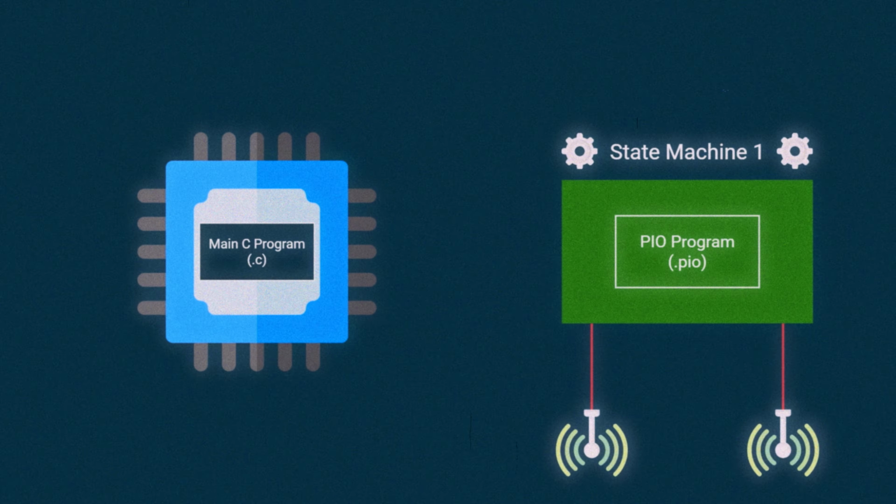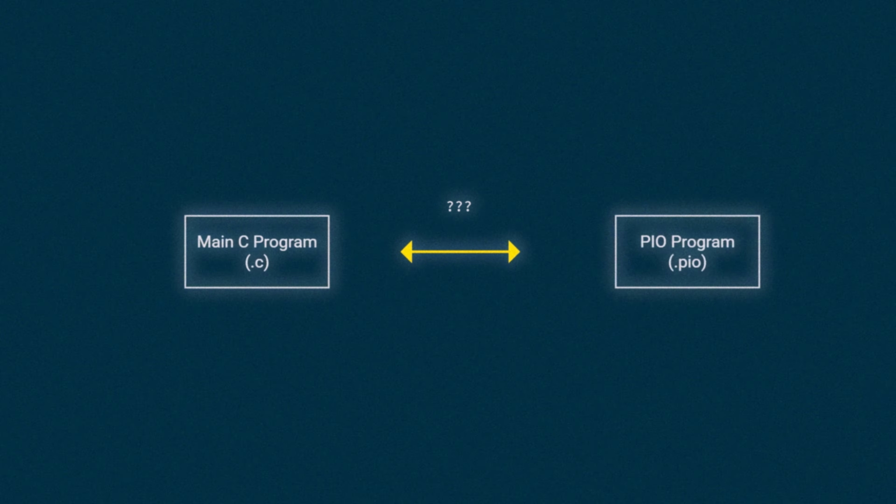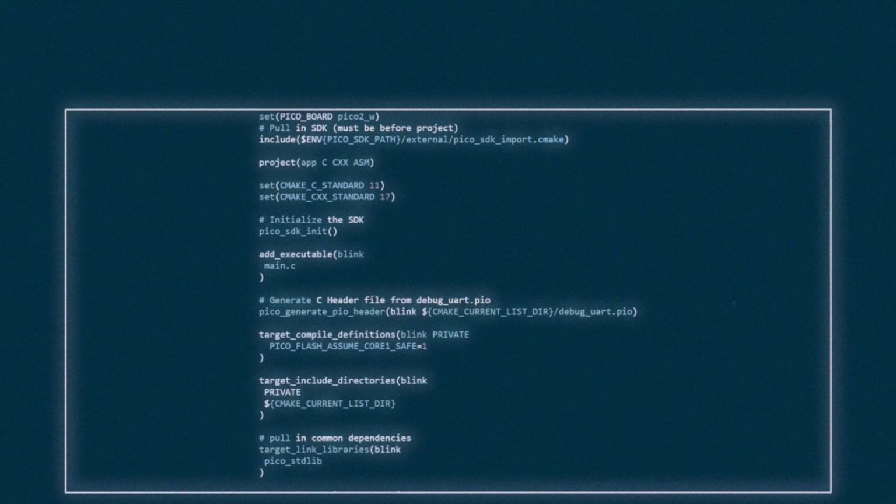So how can the main C program load the PIO program onto the PIO core? The Pico SDK provides a library of functions that allow a C program to communicate with the PIO core, but how can the C program read the PIO program? After all, they're written in different languages. Well, that's where CMake comes in.